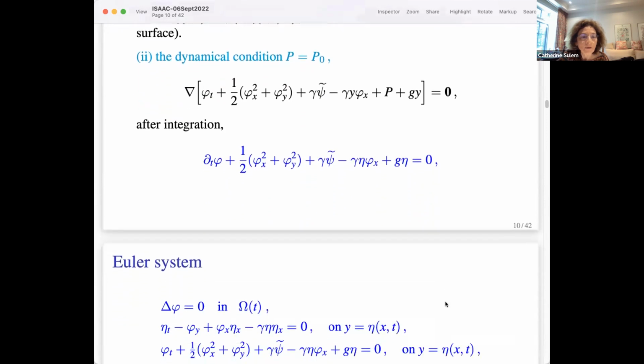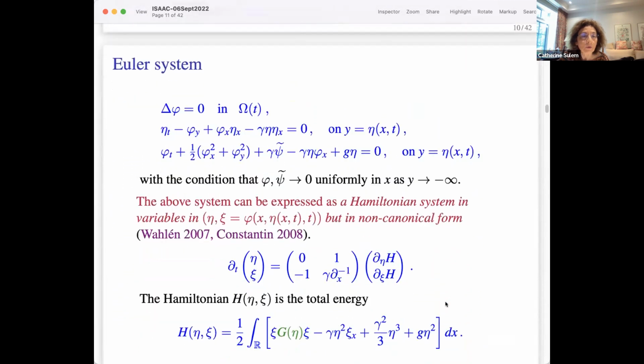Now, altogether, we can write the governing system, the Euler system, which is composed of the Laplace equation for this generalized potential phi, and the two boundary conditions on the evolution of the surface wave at y equals eta. We will assume that as y goes to minus infinity, so very deep in the flow, the functions phi and psi tilde tend to 0.